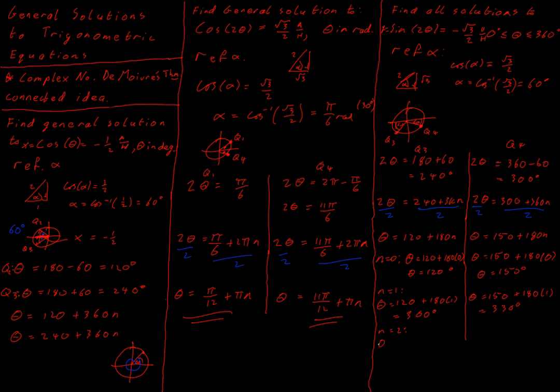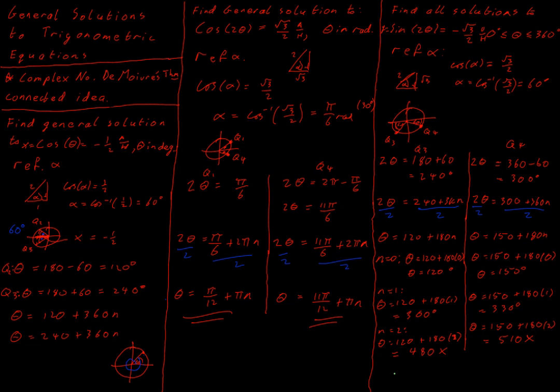So theta is equal to 120 plus 180 times 2 is equal to 480. Now that's outside of our range, so we don't include it. And theta is equal to 150 plus 180 times 2 is equal to 510, which is outside of our range, so we don't include either of those solutions.